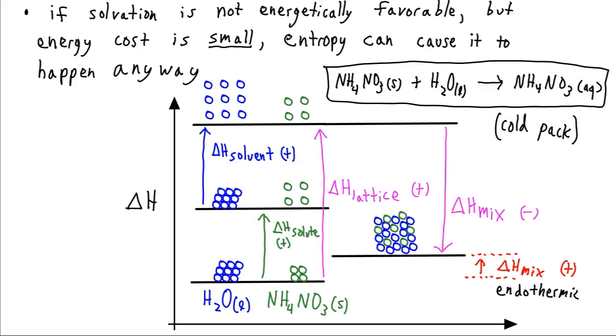Now, if this was ammonium nitrate dissolving in water, then this would be what gives you a cold pack. And so it sucks in that energy from your hand when you use it and provides that cooling sensation. And so these endothermic reactions are not quite as frequent, but they certainly are common enough.